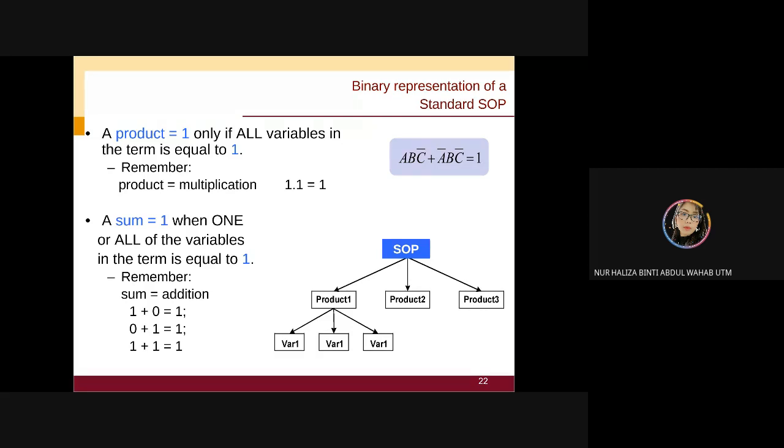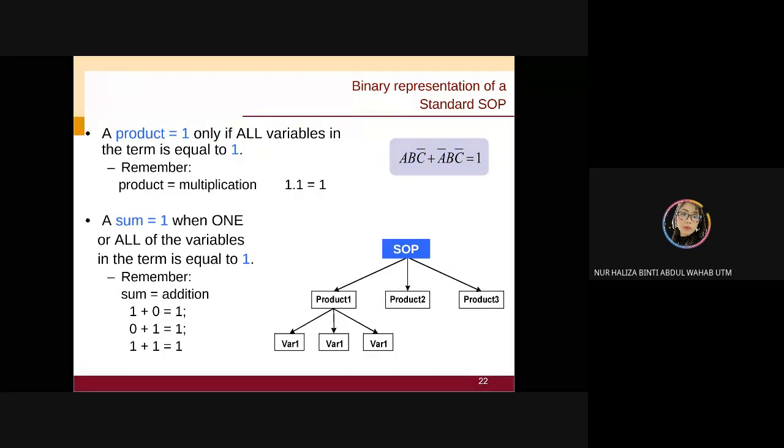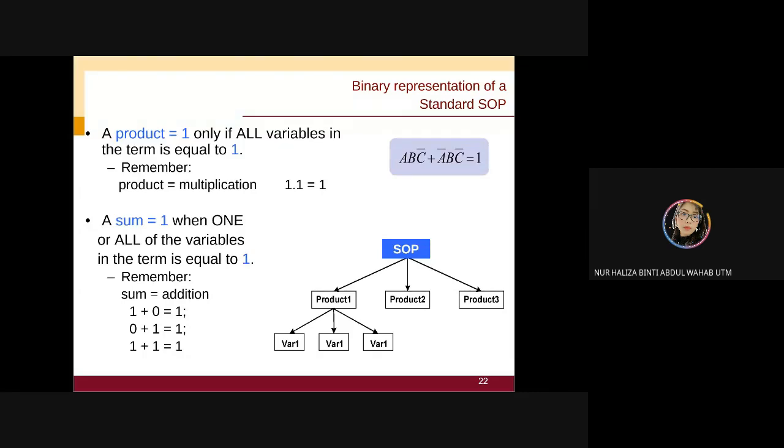Okay, now we have binary representations of standard SOP. A product equals 1 only if all variables in the term are equal to 1. What is the meaning of this?